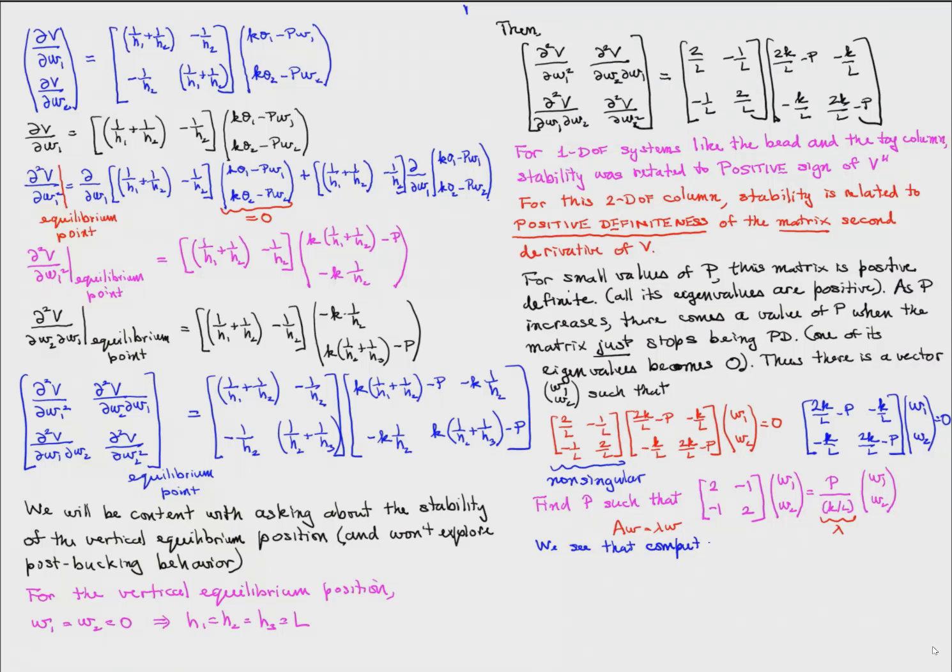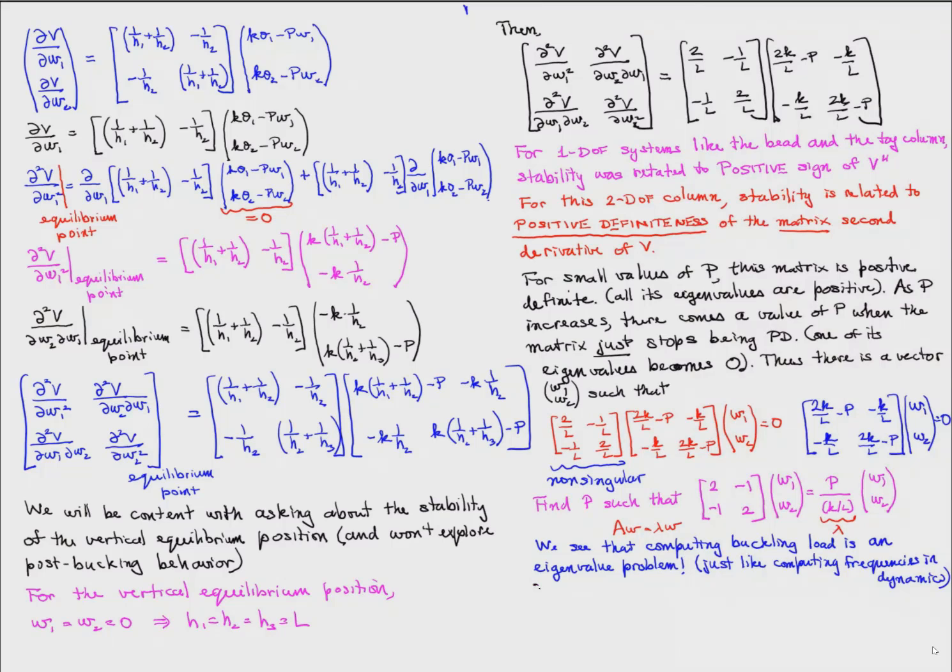So we see that computing the buckling load of a column is actually an eigenvalue problem. The eigenvalues give the buckling load. It's very similar to, as you've probably seen in your structural dynamics course by now, that computing natural frequencies of a multi-degree of freedom system is an eigenvalue problem as well. So this is a similar kind of problem.